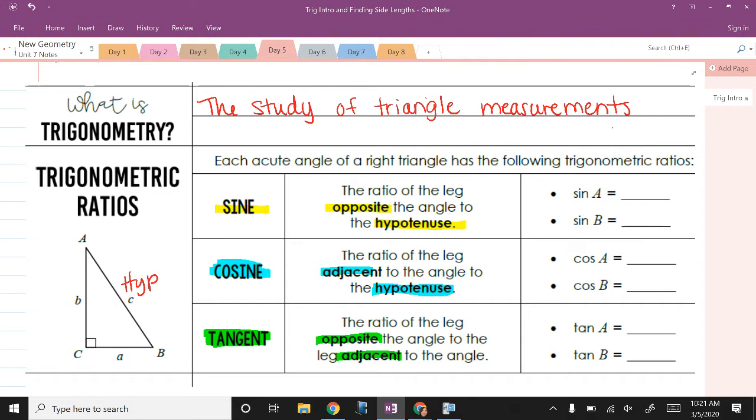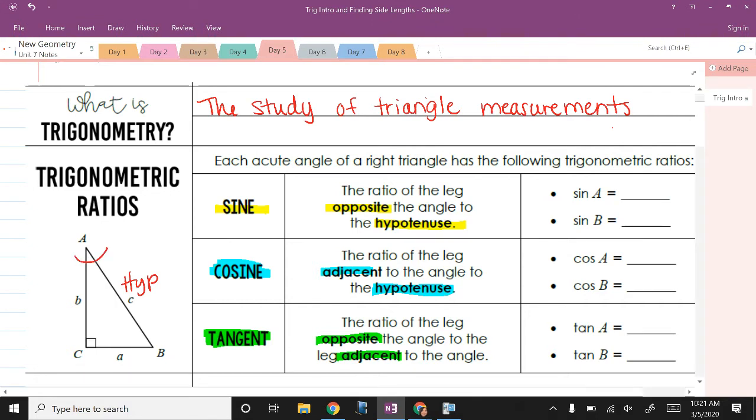So sine is the ratio of the leg opposite the angle to the hypotenuse. Now, opposite means it does not touch, right? Adjacent means it touches. So if we want to find the sine of angle A, there's angle A up there. Y'all see that?